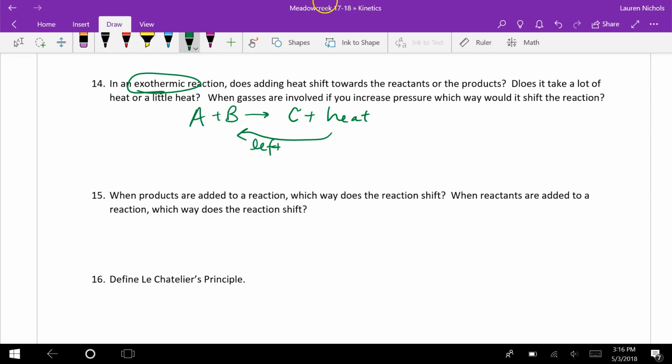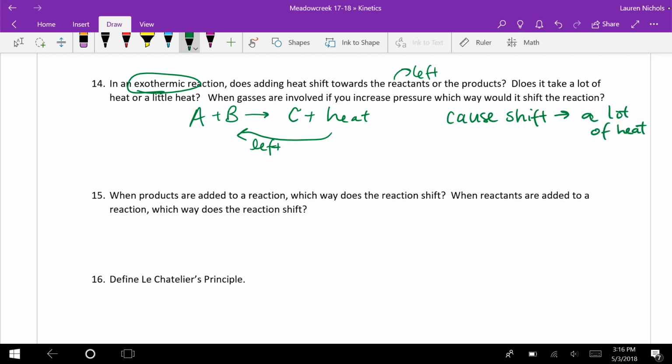So what direction does it shift? To the left. Now, when it asks, does it take a lot of heat or a little heat? In order to cause a shift, it's going to require a lot of heat.